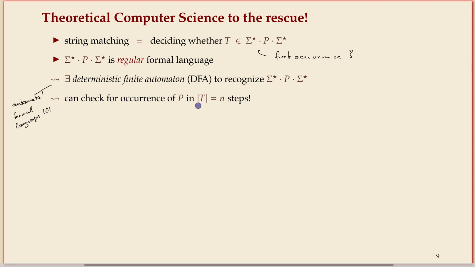And so we can feed the text through this in exactly n steps, as many steps as the text has characters. Not n times m or anything like that, right? Just n steps once we have the automaton. And that automaton should be able to decide if the text is of this form, which means it contains the pattern, or not.